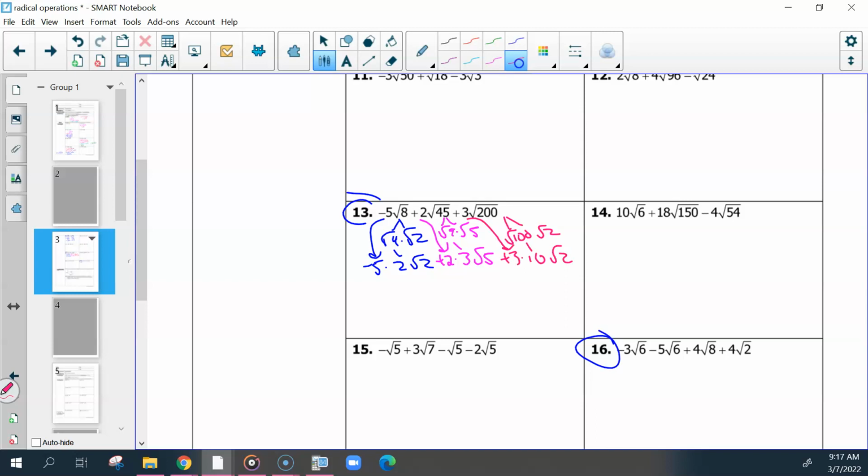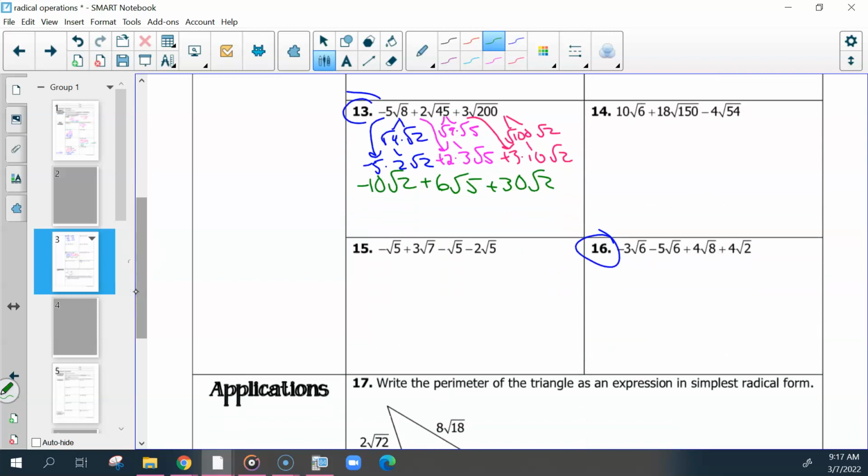It's really easy for things to get lost with these. Be very careful. Bring everything down. So you have negative 10 times the square root of 2 plus 6 times the square root of 5 plus 30 times the square root of 2.